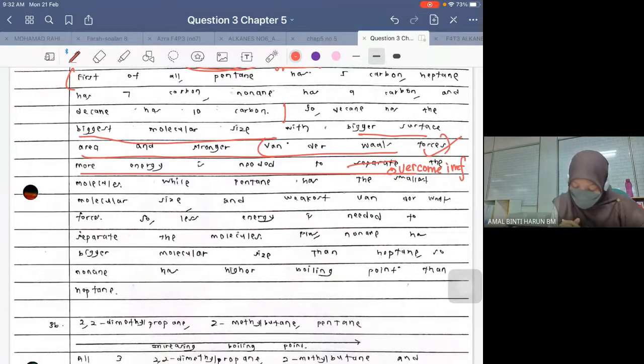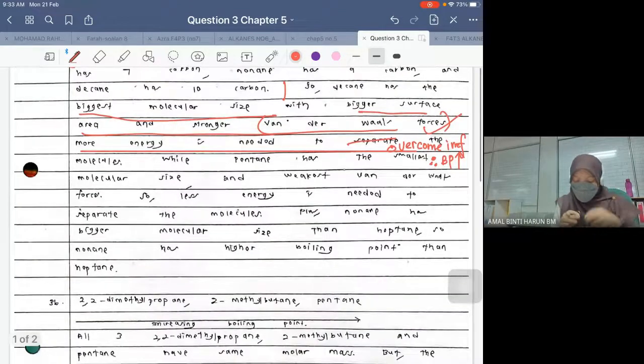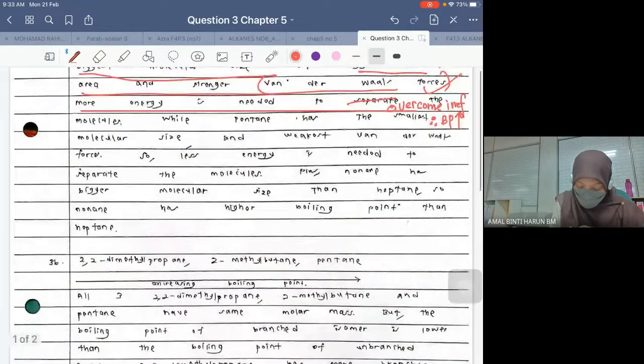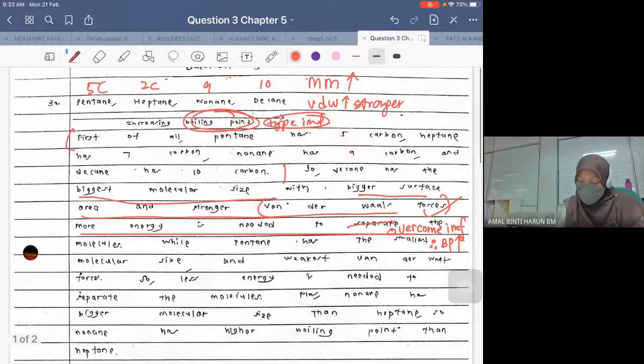Therefore, boiling point dia tinggi. Okay, then dia bincang yang rendah tu. Okay lah. Sebab ni trend dia increasing molar mass.